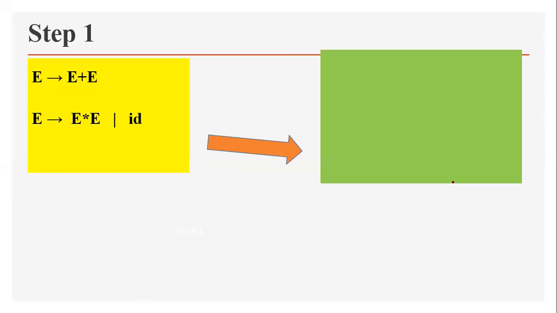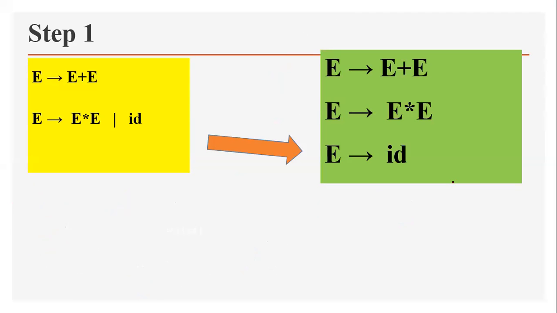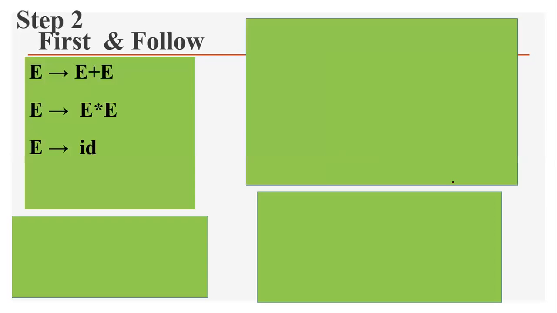Step 1: E derives E plus E, E derives E star E, E derives ID. Number them 1, 2, 3. Now, after constructing this, we'll move to step 2. See, I'm repeatedly telling how to find first and follow. If you still have any doubt, I think it will be clarified.